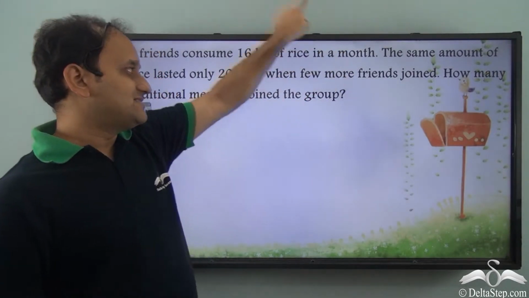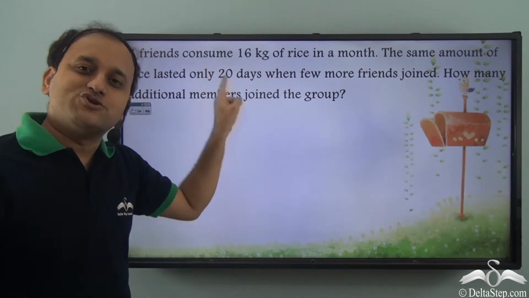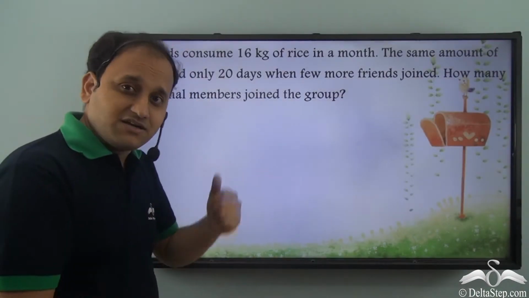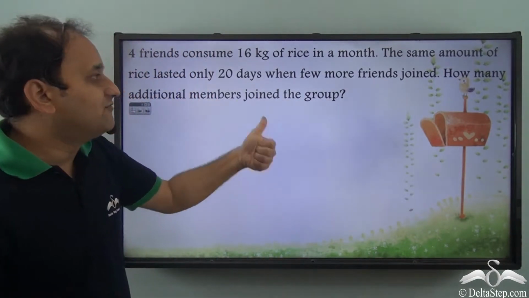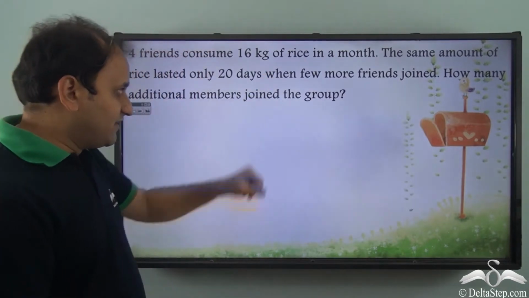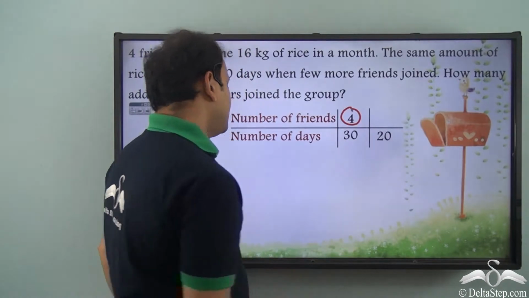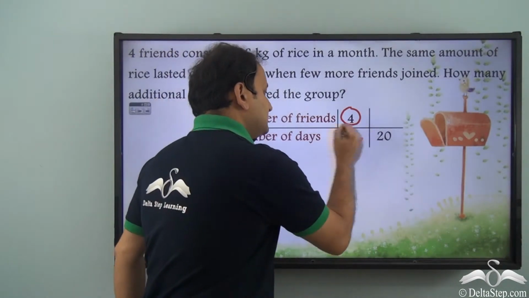So from 30 days, the days decreased to 20 days. So the number of people increased, the number of days decreased. We see an inverse relationship. So we are talking about inverse variation here. What is given to us? When the number of friends is 4, then the number of days to consume that rice is 30.